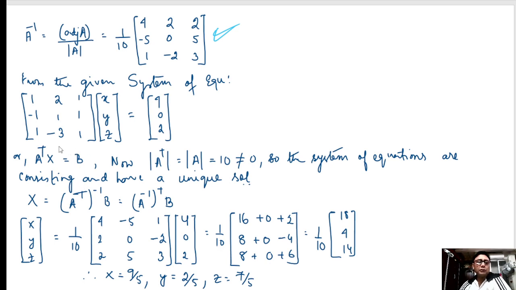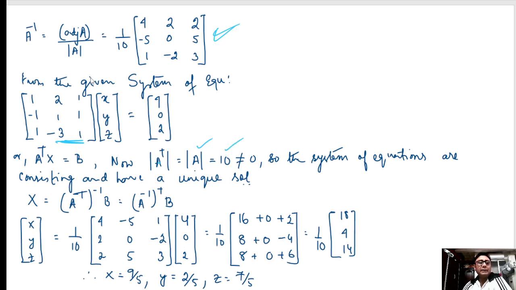If I do the transpose of this matrix, A transpose X equal to B, and if I do the modulus of the transpose matrix and the modulus of A, we are getting 10.